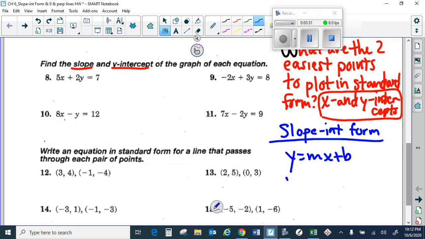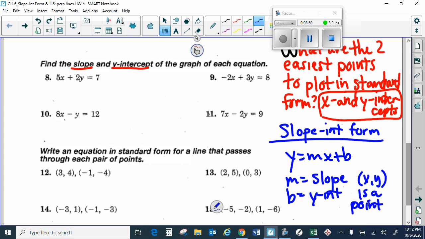And you should already know that m equals the slope. B equals the y-intercept. And x comma y is a point on the line.